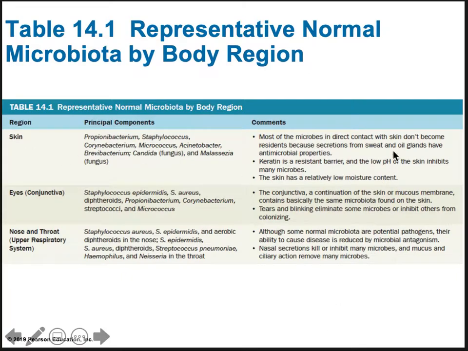Most of the microbes on your skin are not going to become problematic, but if you get a cut, then they can be opportunistic pathogens. Sometimes they get into hair follicles and cause infection that way. Skin is really good at preventing infection by staying really dry, constantly shedding, and having a low pH, as we talked about a little bit.